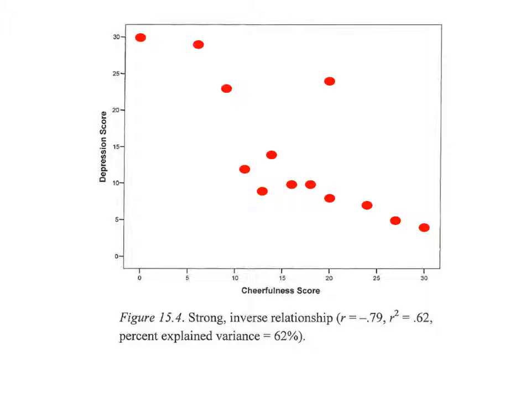Now remember, if you multiply a negative times a negative, you get a positive. Okay, so remember that. Put in everyday terms, the data indicate that the cheerfulness scores are 62% better than 0 in the ability to predict depression scores, and 38% of the variance in depression scores is unpredicted by cheerfulness score.